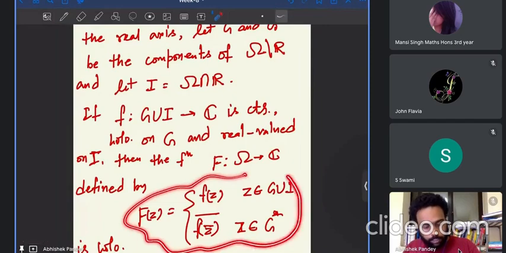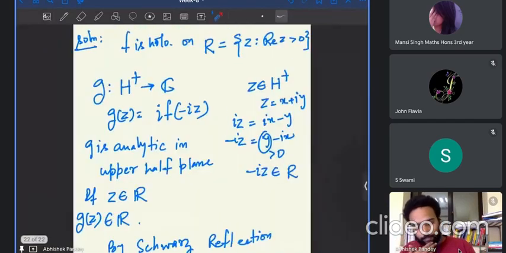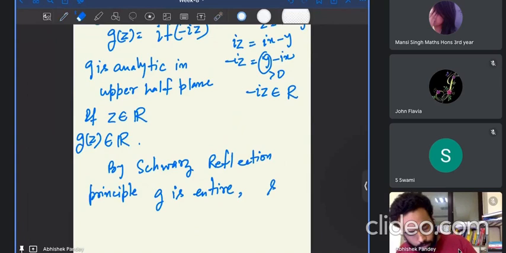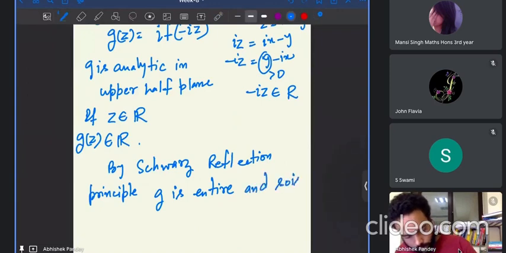Once you extend g using this formula, you can extend f. So by the Schwarz reflection principle, g is entire, and so is f. So I hope this is clear.